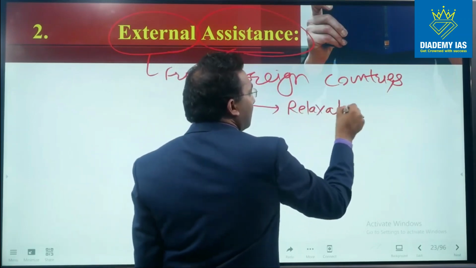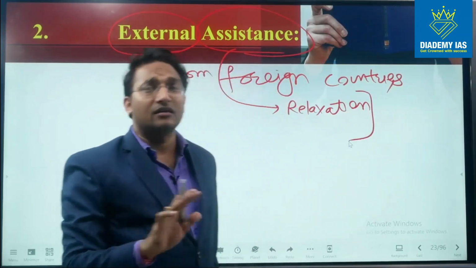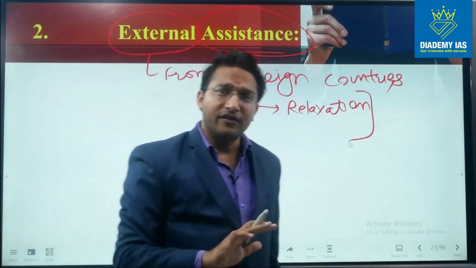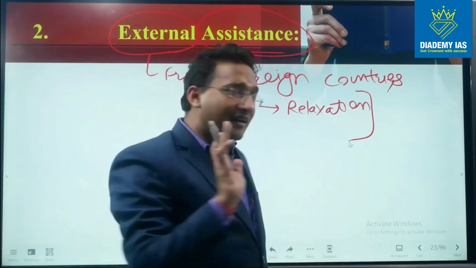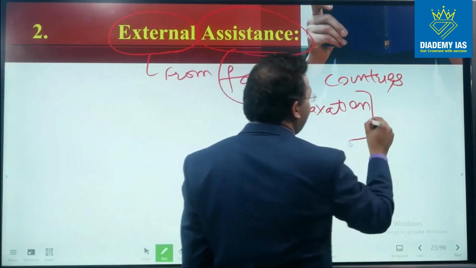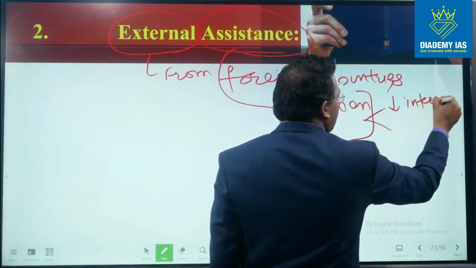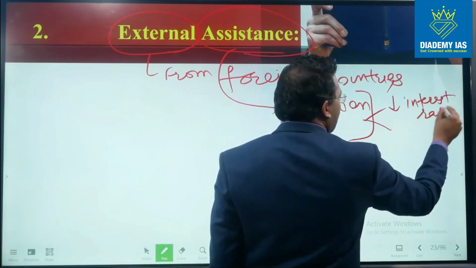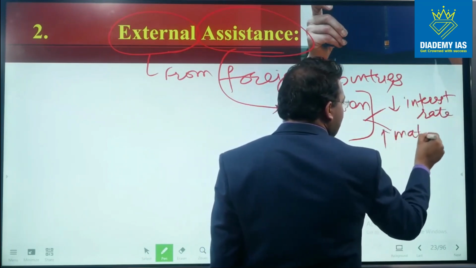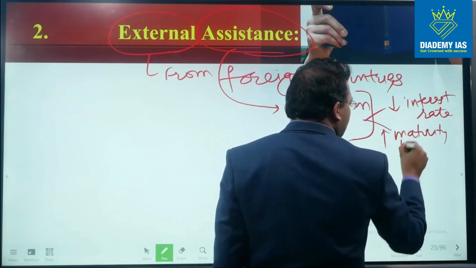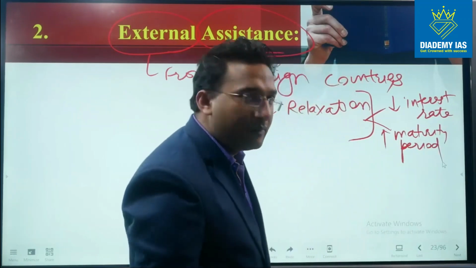So if the loan is given from outside India, again this is a loan, this is not a grant, this is not a gift, this is not charity. This is a loan, but this loan is given on relaxed terms and conditions. Either the rate of interest is low, or the maturity period is high. That means the repayment period is high.